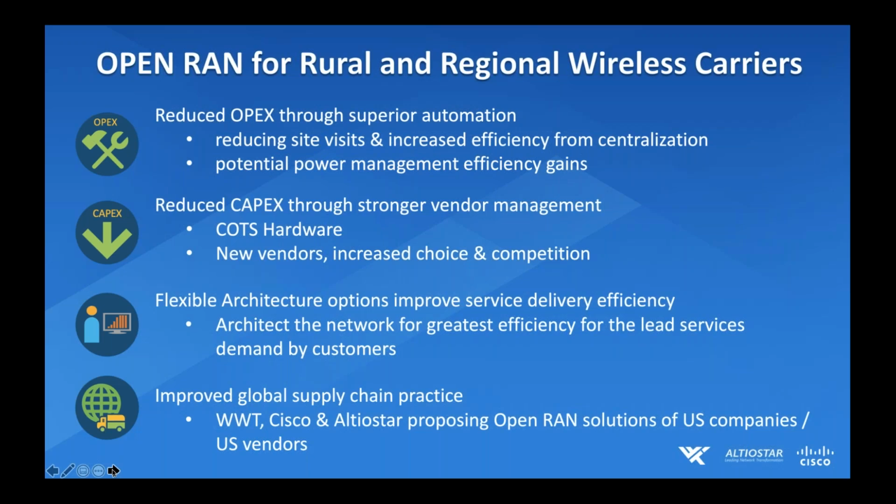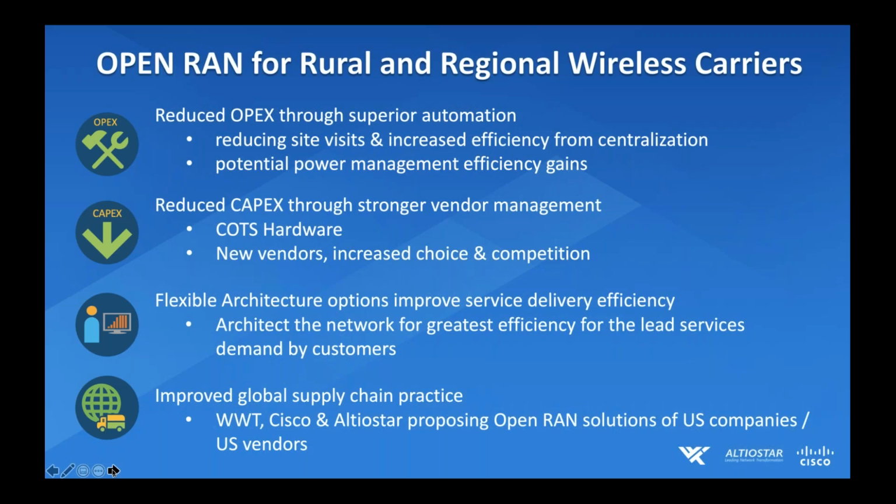With any rural and regional operators, there's always stringent demands on keeping those OPEX and CAPEX budgets under control as much as possible. One of the big evolutions that we see moving to effectively a cloud-based, a software-defined network is increased automation.